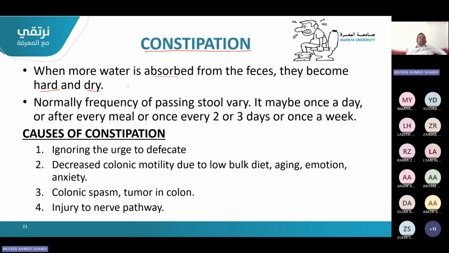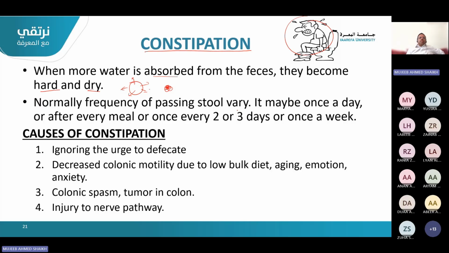All the water is gone. Suppose it is liquid at first, and all the water is absorbed because it is not passed out. So it will become dry and hard. This causes difficulty in the passage of stool, and this leads to a condition called constipation.